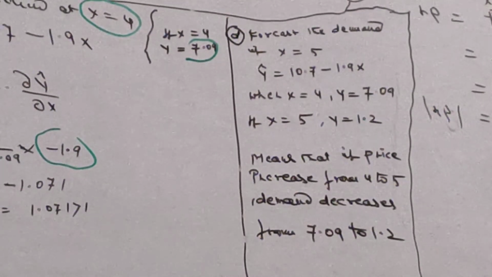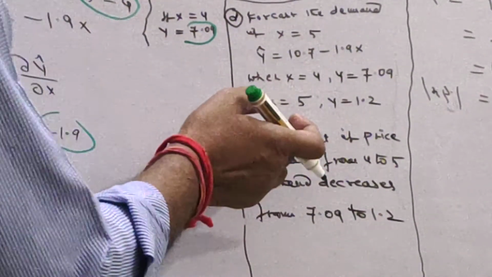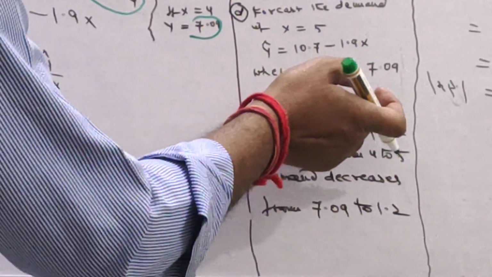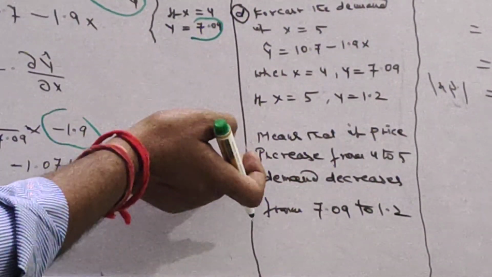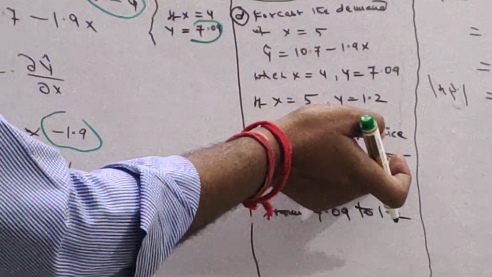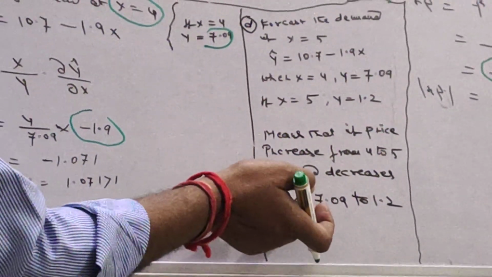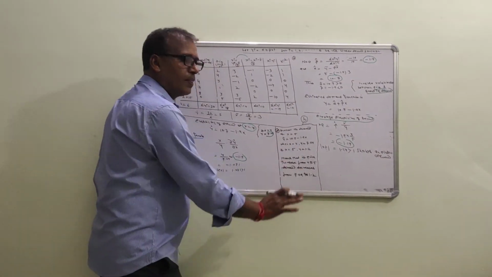And if x increases from 4 to 5, then y becomes 1.2. It means that if price increases from 4 to 5, demand decreases from 7.09 to 1.2. That's all.